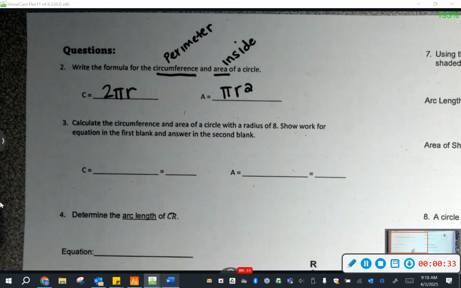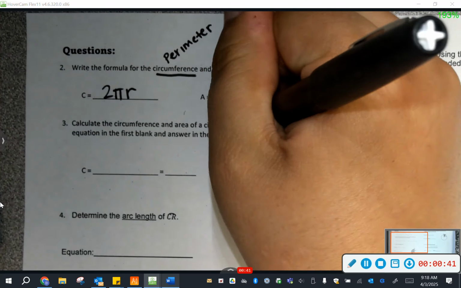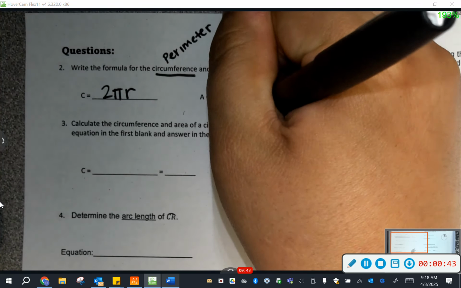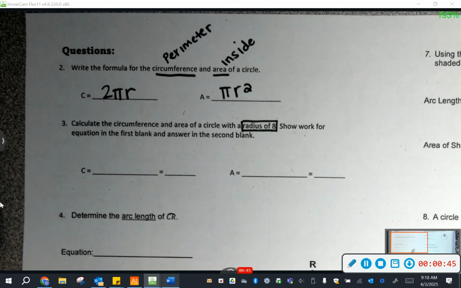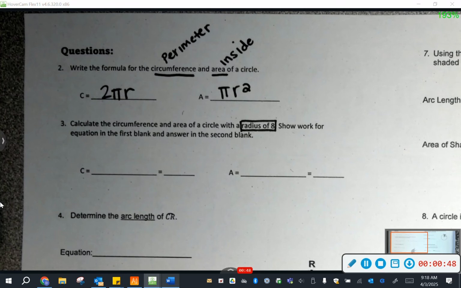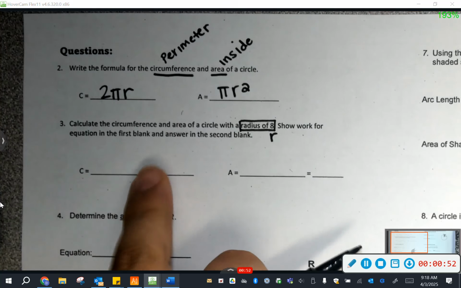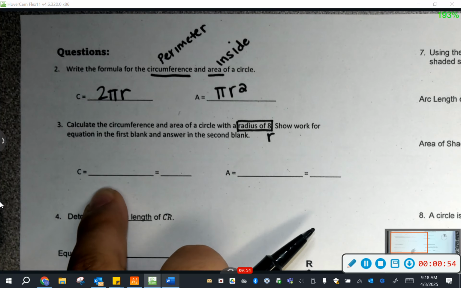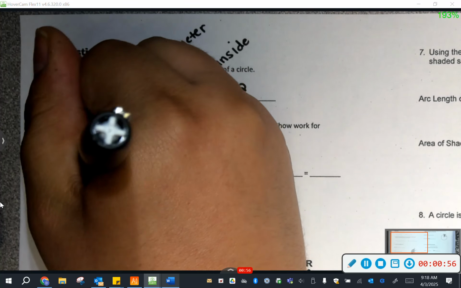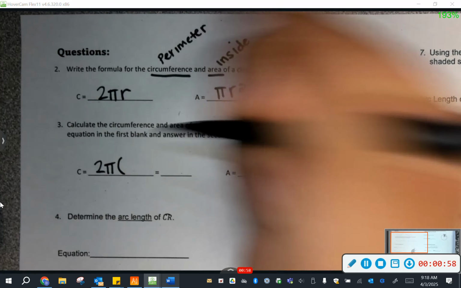What we learned yesterday, hold on, let's do this question real quick. How would we calculate the circumference and the area of a circle with a radius of 8? So what does this radius of 8 tell us? 8 is my r. And so how would I figure out what the circumference is? I'm going to just bring down 2 pi, and instead of r, I'm going to write 8.